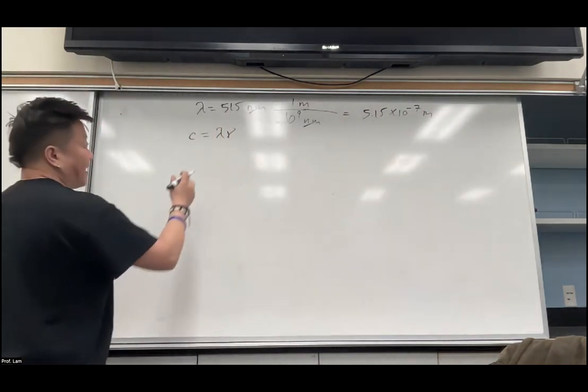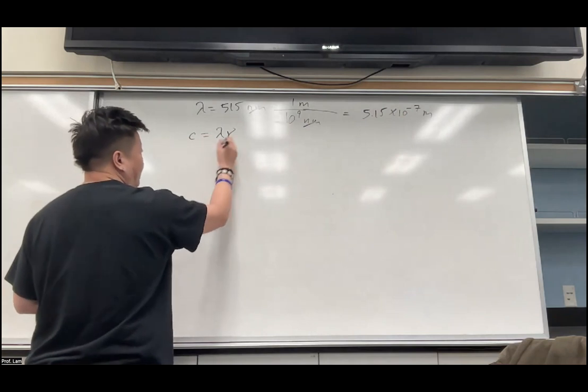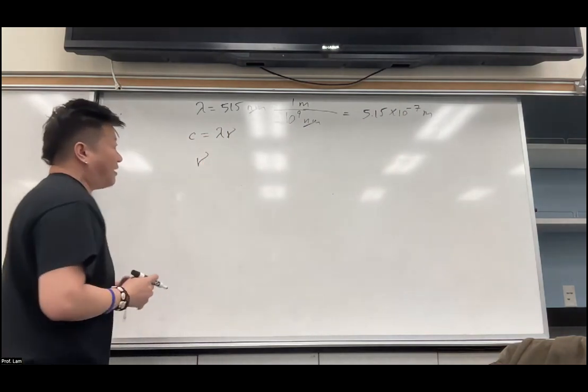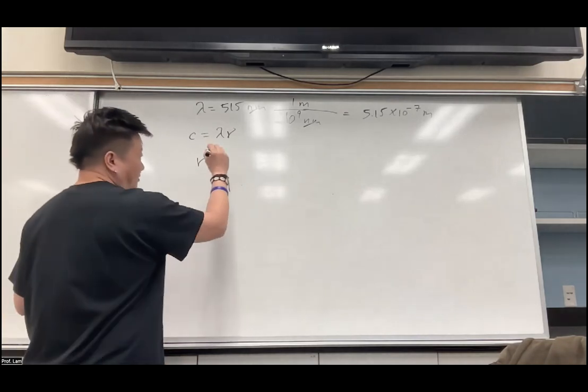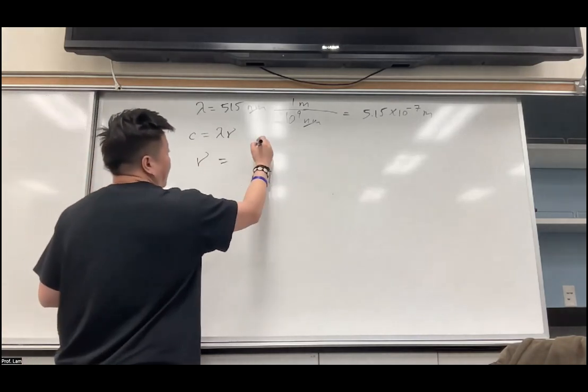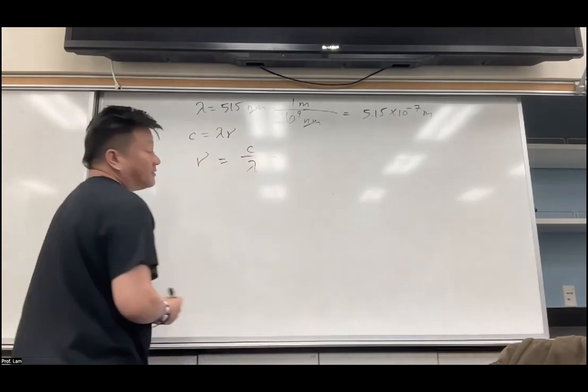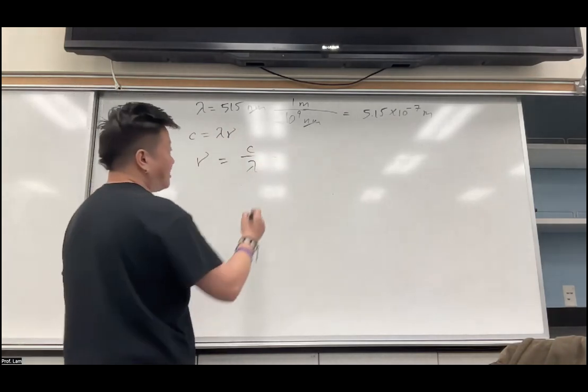And then we're solving for frequency, right? So we're solving for nu, and that's how you write nu. It looks like a V with a hook. That's what I do. Just draw a V and then the hook. So c over lambda, right? Easy algebra.